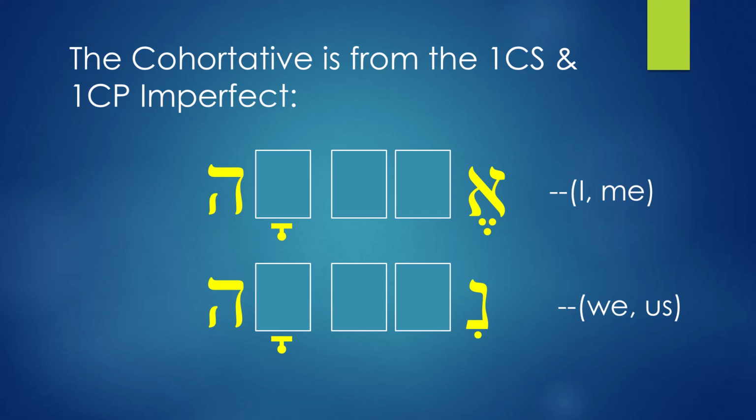So in the first person singular, here are the key features. In 1CS, you're going to have a prefix a and a suffix a. Now remember, it's built from the imperfect. The prefix a is already coming from the imperfect tense. In the imperfect tense in the 1CS, you had an a prefix.